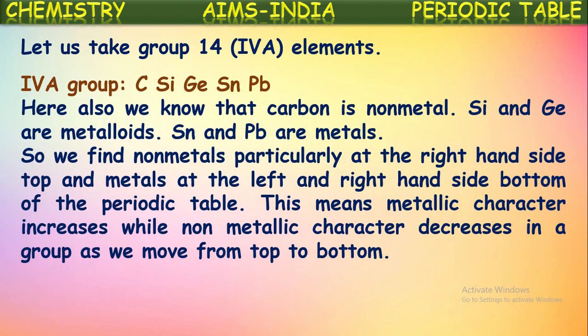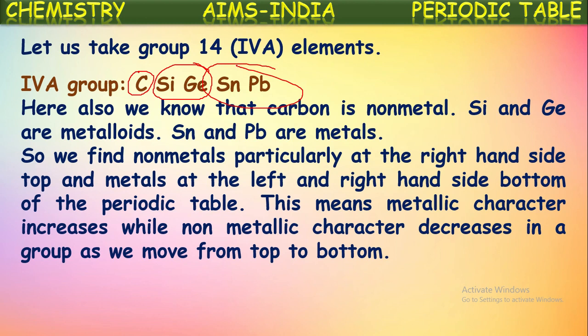Here also we know that carbon is a non-metal, isn't it? Silicon, germanium are metalloids. Hope you know what metalloids are. The elements which can exhibit the properties of both metals and non-metals are called metalloids. Now, tin and lead.